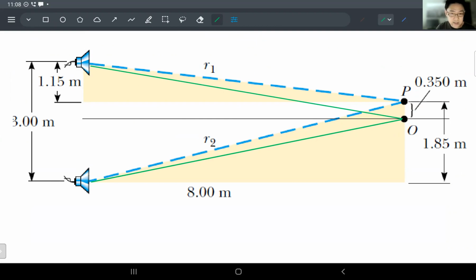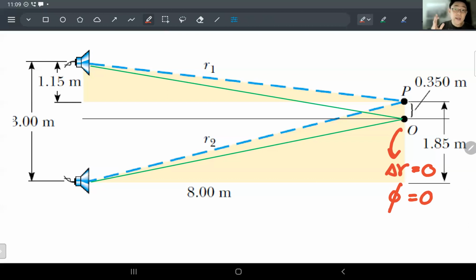Does that make sense? All right, so that's a very quick conclusion that at point O, the path difference is 0, because sound coming from the first and the second speaker reaches O after traveling exactly the same distance. And that will lead you to a phase difference of 0 as well. No phase difference at point O.